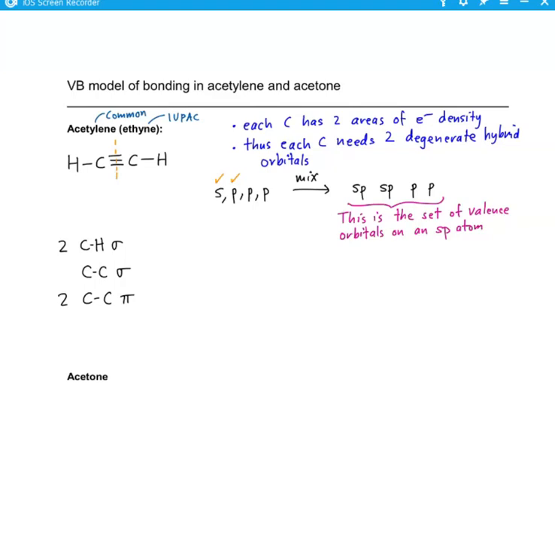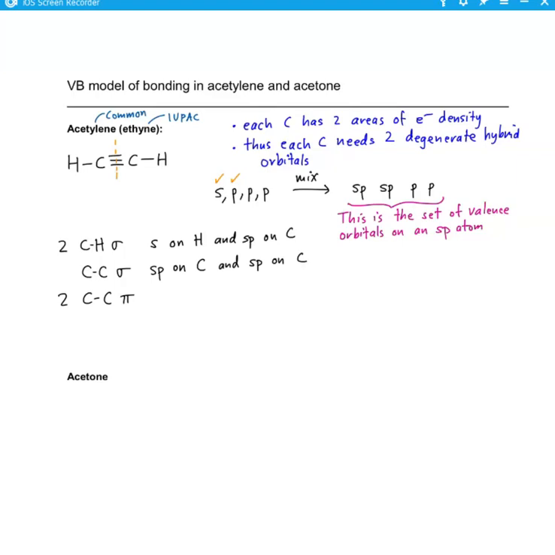The CH sigma bonds, according to valence bond theory, are formed by the overlap of an s orbital on hydrogen and an sp orbital on carbon. Similarly, the carbon-carbon sigma bond is formed by the overlap of an sp orbital on one of the carbons and an sp orbital on the other carbon.